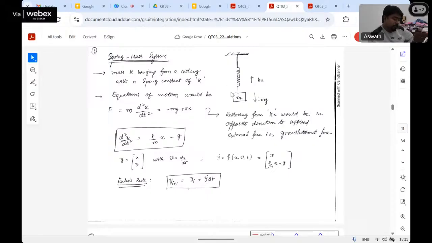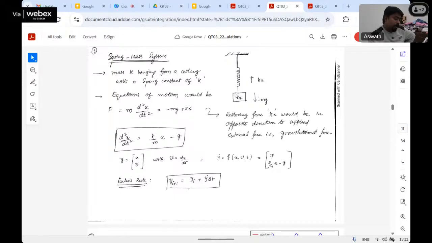A spring-mass system: there is a spring and there is a mass, just like a free falling body, but with a spring resistance, it goes up and down. If I write down Newton's second law and whatever forces are there, there is a restoring force of the spring and there is gravity. Putting them together, you finally get a second order differential equation. Let's say x is along the vertical direction.